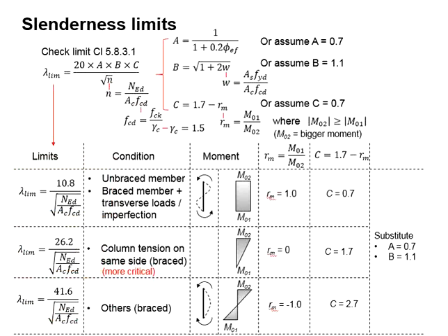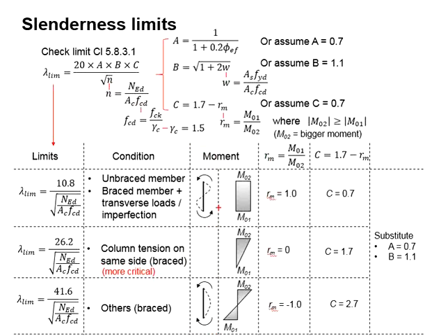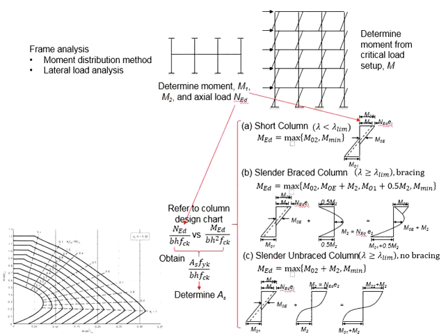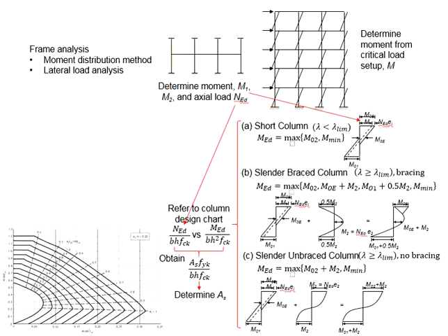Now, the conditions shall be based on the response of the column as well as the moment acting onto the column. This response of the column shall govern the ratio between M02 and M01. What are M02 and M01? They are referring to the moment calculated from the analysis of the column.